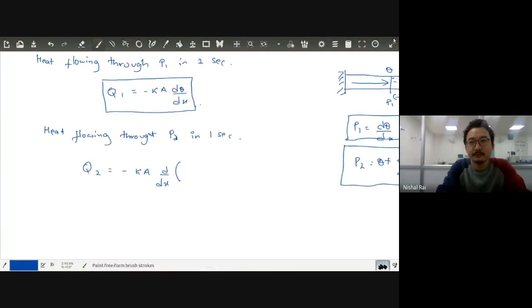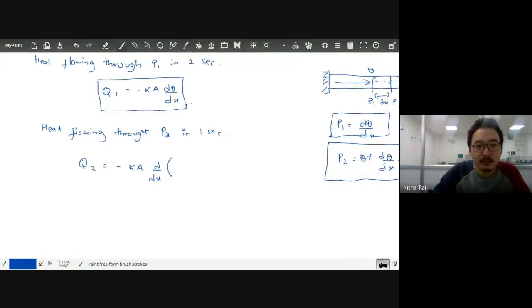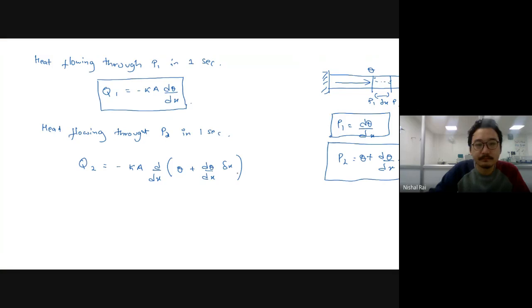It was theta plus d theta by dx times delta x. So you can write Q2 as negative Ka times the derivative of theta plus d theta by dx delta x. Now these are your two equations.